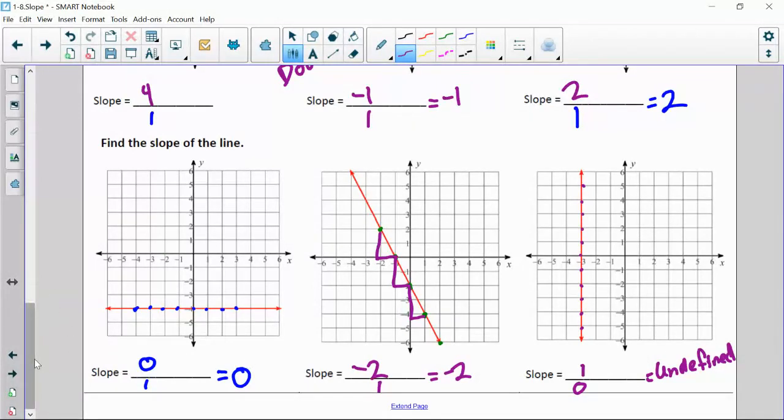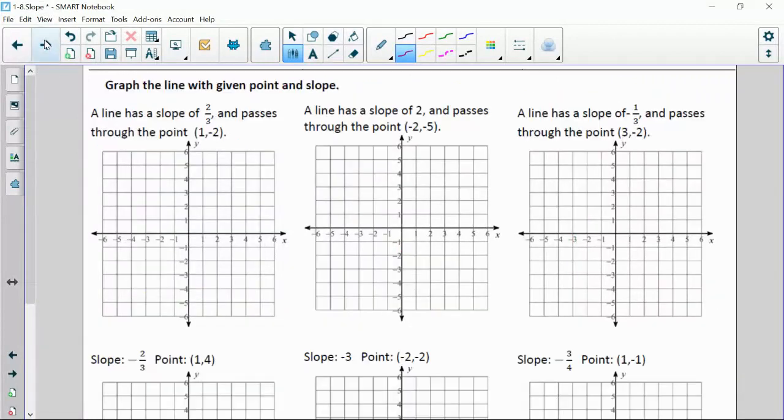Alrighty. Make sure you have those, flip it over. And now we're going to practice if we were given the slope and an ordered pair, which is a point on the line. The one thing we need to make sure we remember, it is always rise or your fall over your run.